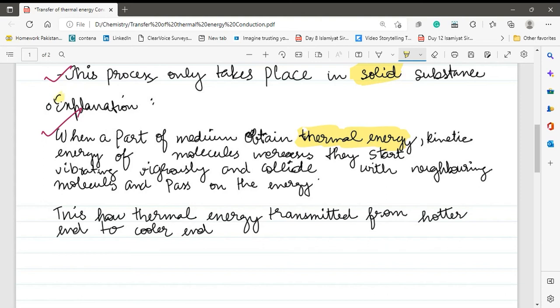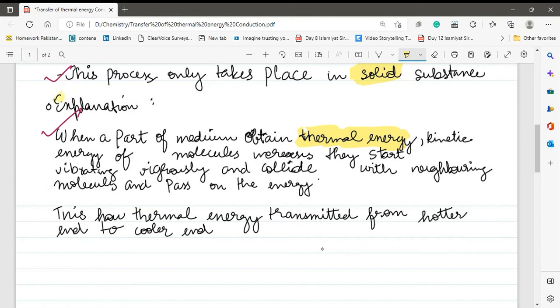I had told you that when we heat up any object, it gains thermal energy, and that thermal energy is converted to the kinetic energy of the molecules, meaning the kinetic energy of that solid substance. So the kinetic energy of the molecules increases, and whenever there is an increase in kinetic energy, there is an increase in the motion and movement of the molecules.